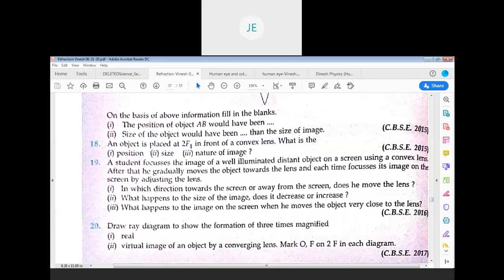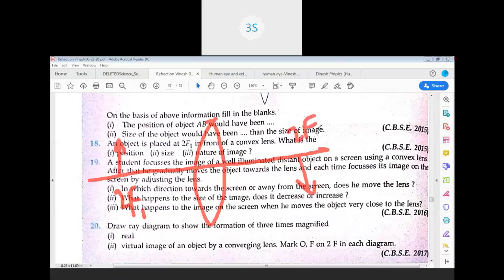Take the object at infinity, or at 2f. Object is at 2f. Yes sir, then the image will come at 2f2. That means here is the screen.